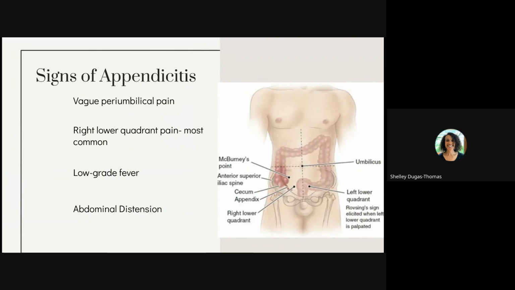Rebound tenderness is pain that intensifies when pressure is released, and Rovsing's sign, which is palpation of the left lower quadrant, causes right lower quadrant pain. If rupture occurs, the pain resembles peritonitis, or abdominal distension develops due to paralytic ileus, and overall condition worsens. So we want to catch this early.